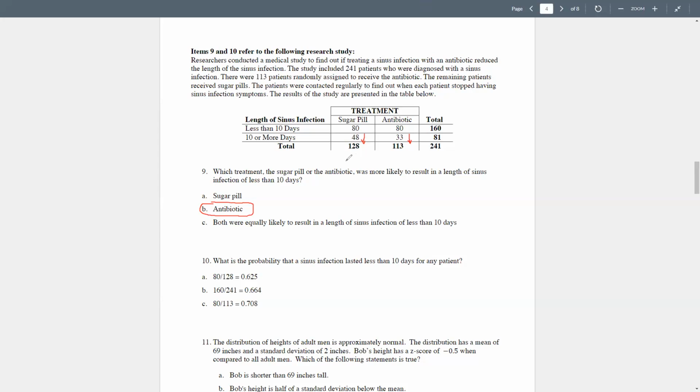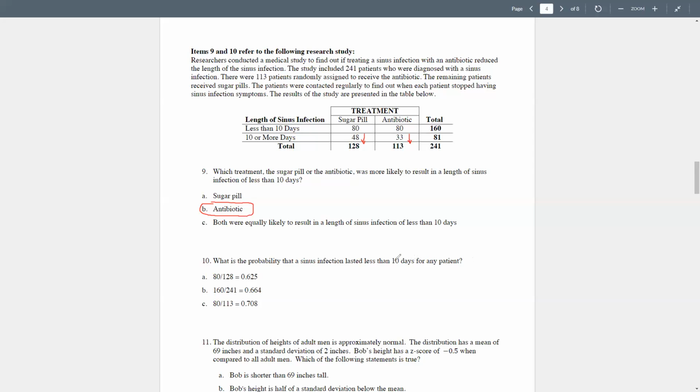Questions? Okay. No questions. So this one says, what is the probability that a sinus infection lasts 10 days or more for any patient?